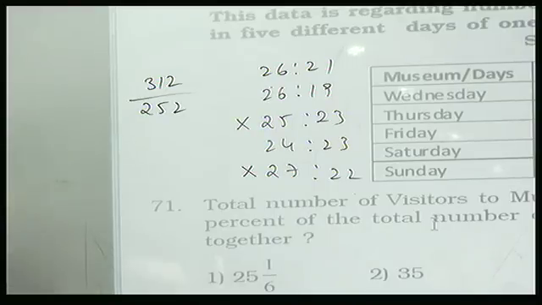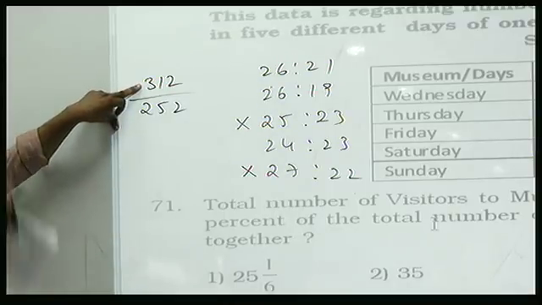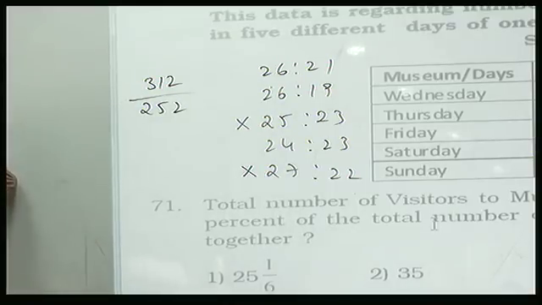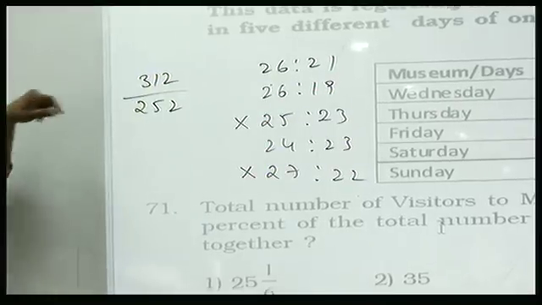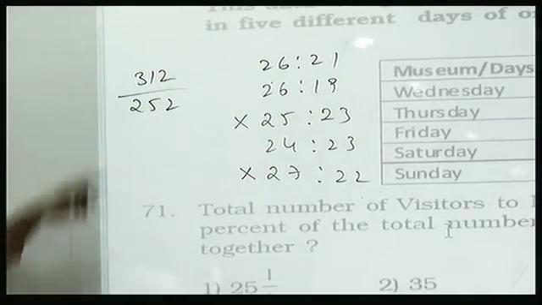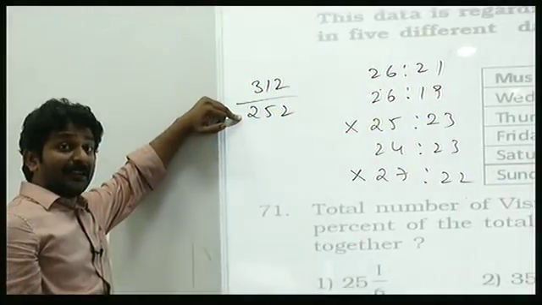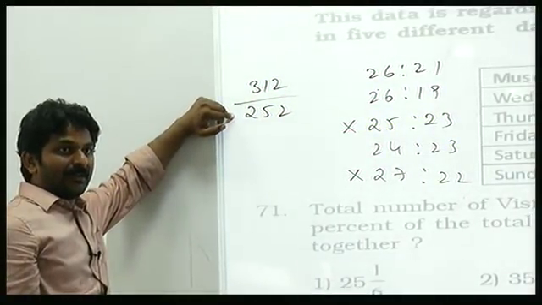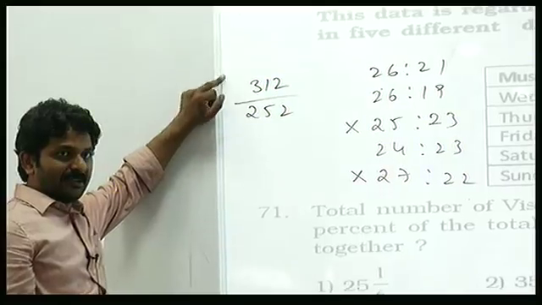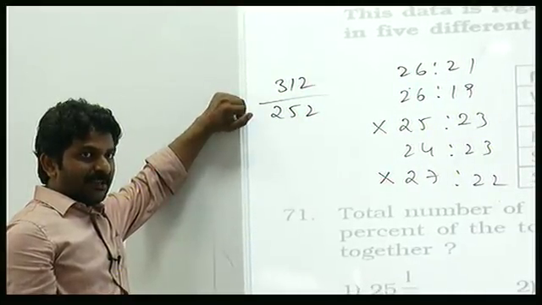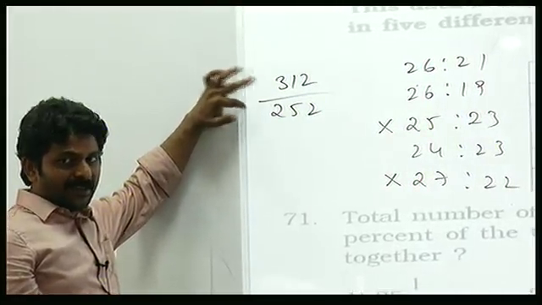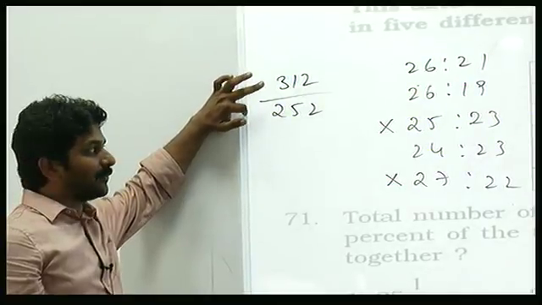Wait. Is it a 3 multiple? Is it a 3 multiple? Yes. 9 multiple, got it. This is a 3 multiple only. But this is a 9 multiple. So you can cancel only 3, but 3 in the denominator will be there, right? Yes or no?